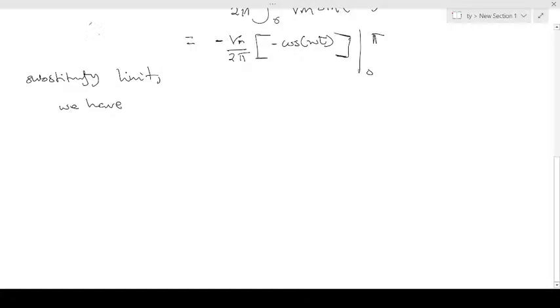We have V average is equal to Vm over 2 pi multiplying negative cos of pi, minus negative cos of 0.